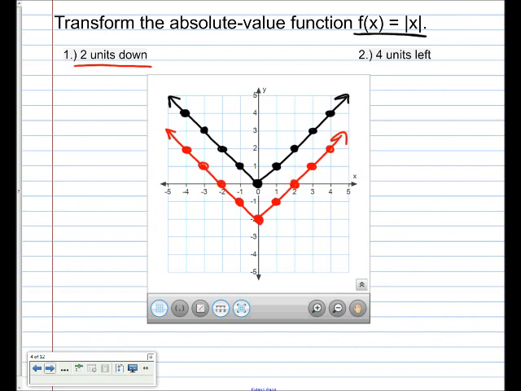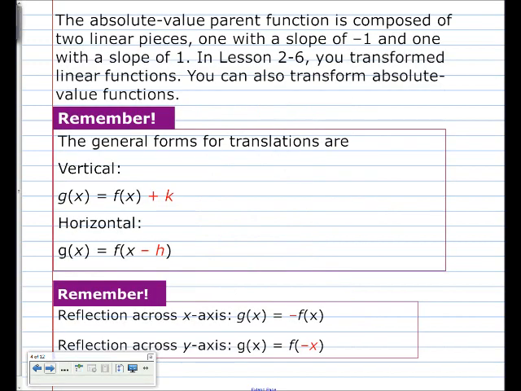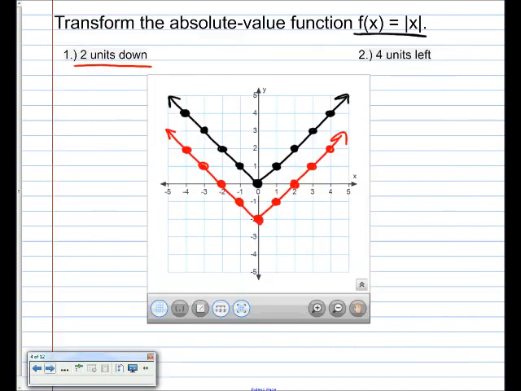Well, it says down, so down and up would be what direction? Would be vertical. All right, and if you go back a slide and you look at the vertical translations, we're always going to do that on the outside or after the function. All right, so I'm going to go after the absolute value of x, and I'm going to write what?